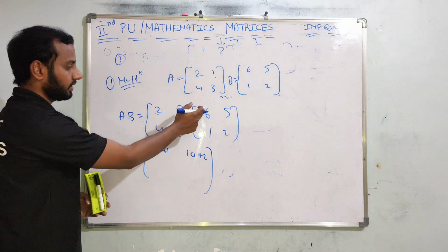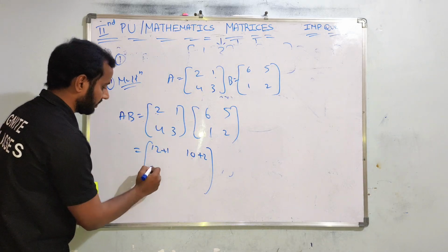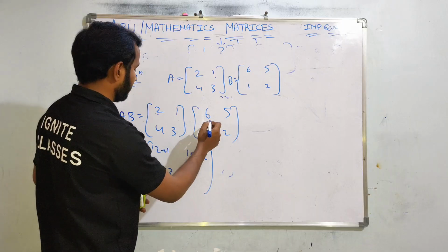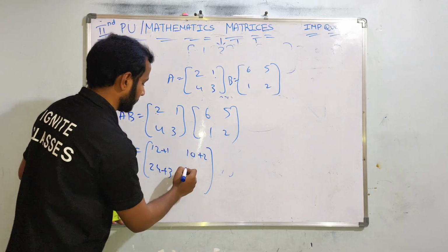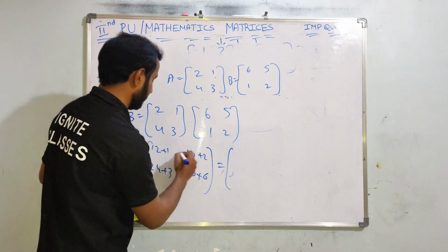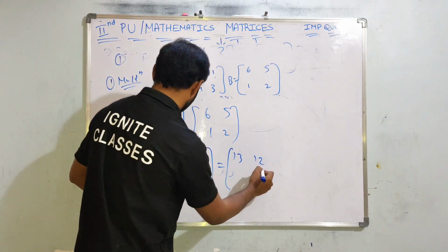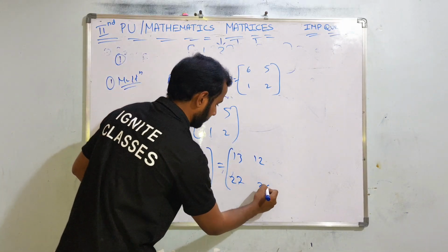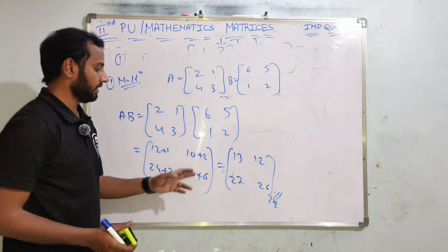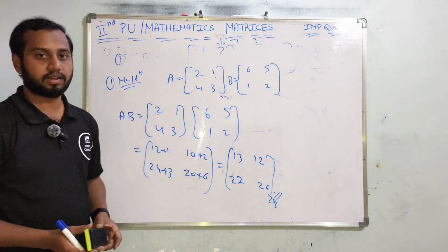Now second row with the first column: 4 sixes are 24, 3 ones are 3. Now 5 fours are 20, 3 twos are 6. Then we will get 13, 12, 27, 26. This is your 2 cross 2 matrix. We get A into B as the multiplication of the matrix.